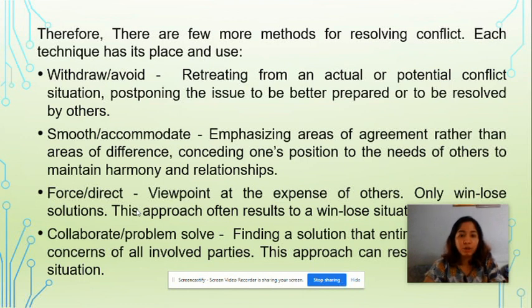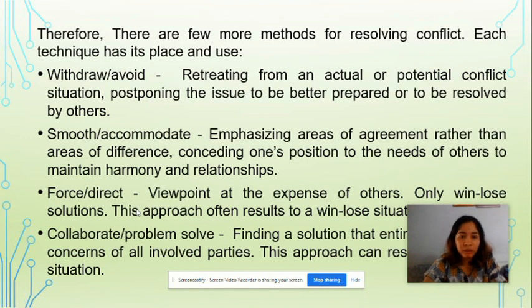Withdrawing means retreating from the actual or potential conflict situation, postponing the issue to be better prepared or to be resolved by others. Smooth or accommodate means emphasizing areas of agreement rather than areas of difference, conceding one position to the needs of the other to maintain harmony and relationship.